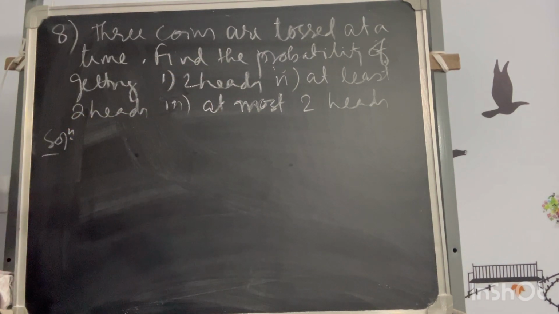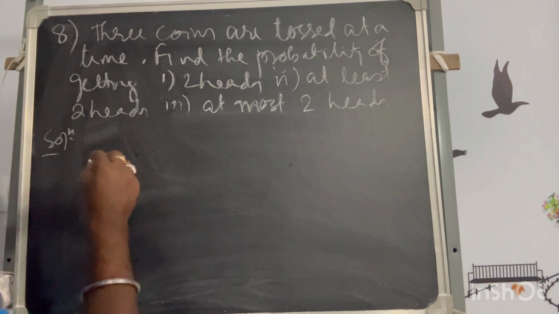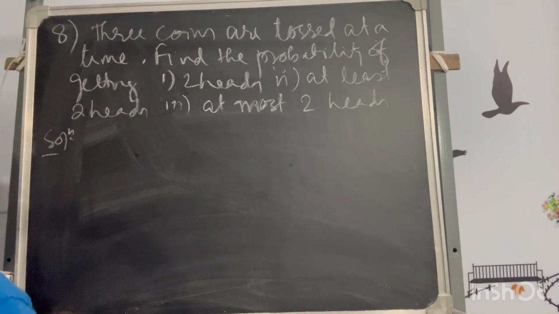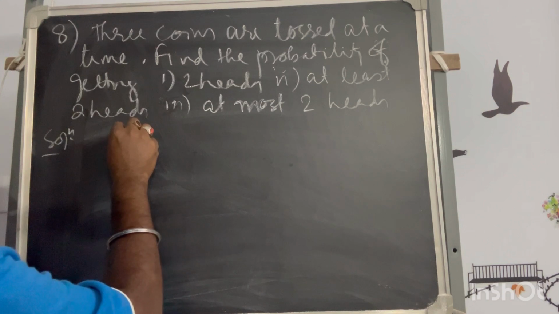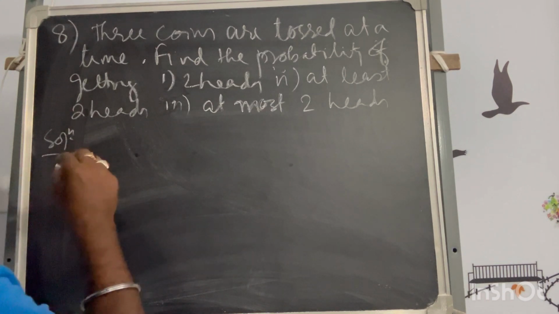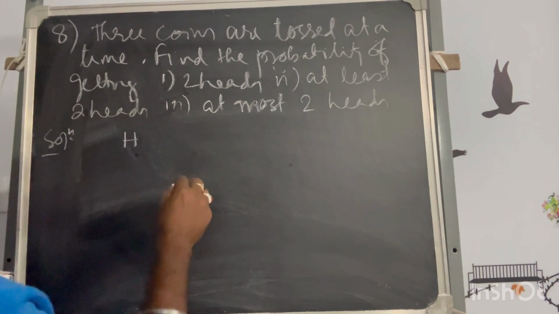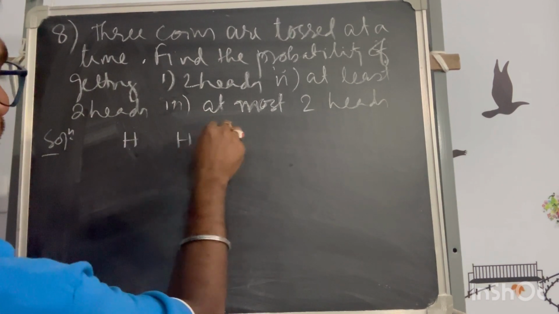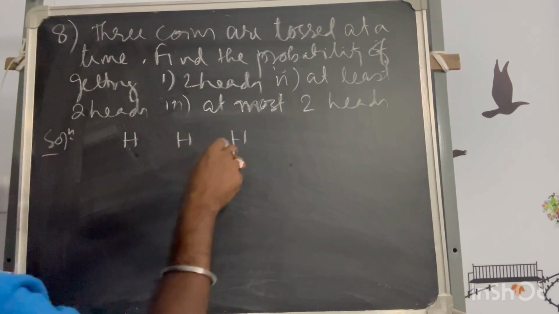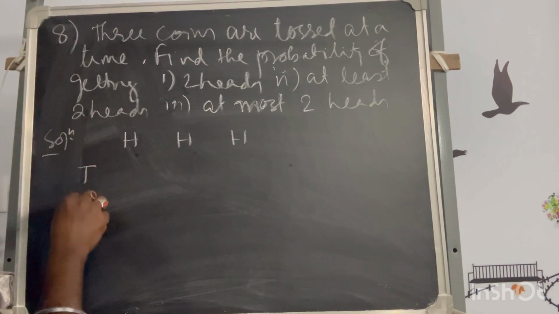So what are the combinations of tossing a coin? One side is head, the other side tail.